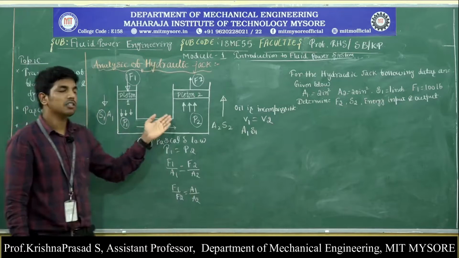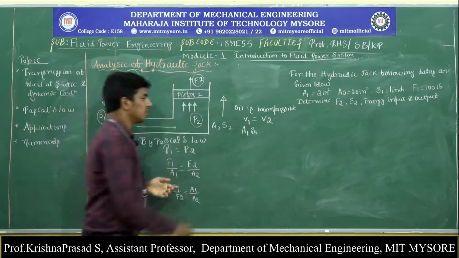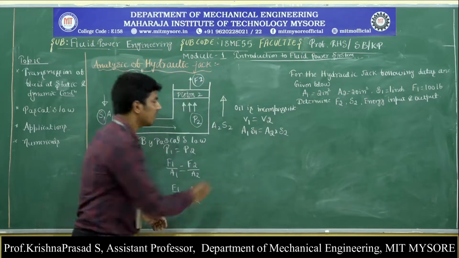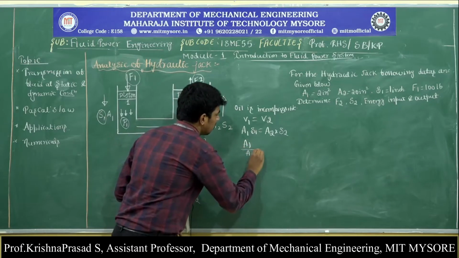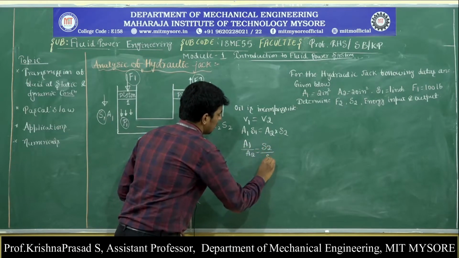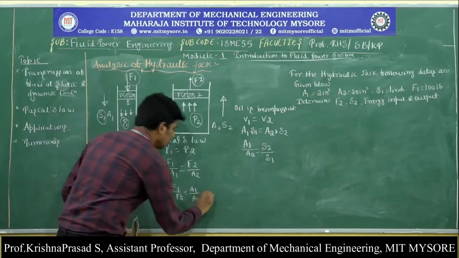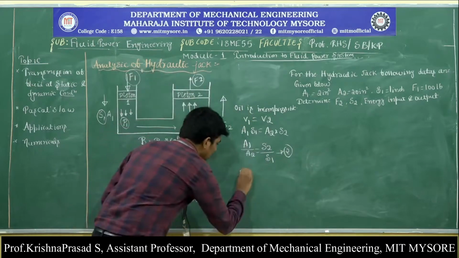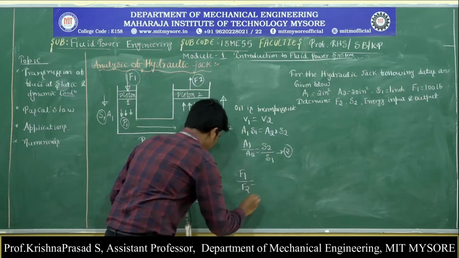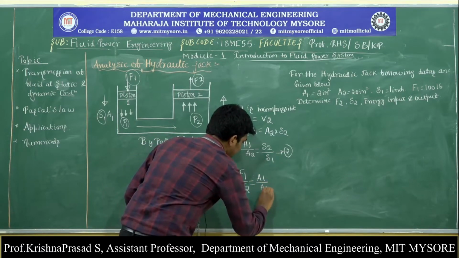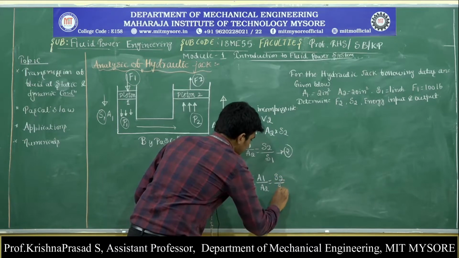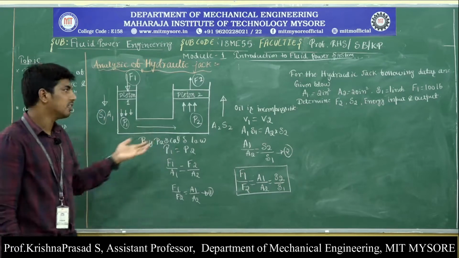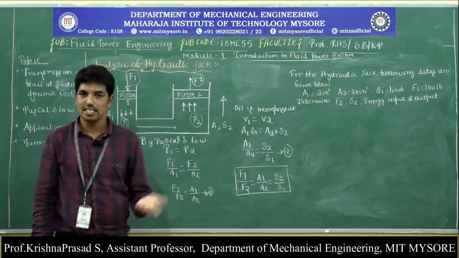Similarly V2 is the volume of cylinder 2, equal to A2 into S2. Then I can write A1 by A2 is equal to S2 by S1. So from equations 1 and 2, F1 by F2 is equal to A1 by A2 is equal to S2 by S1. This is the derivation for the analysis of the hydraulic jack with the help of Pascal's law.